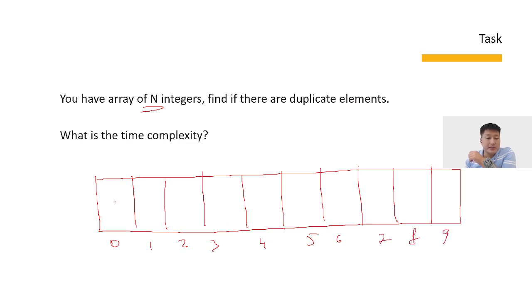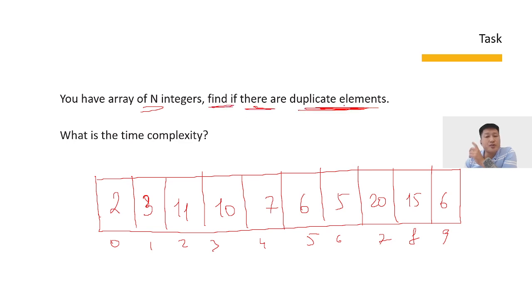So let's see, we have some numbers: 2 3 11, I don't know, 10 7 6 5 20 15, and let's say 6 again. So the task is, we have to find if there are at least two duplicate elements, like some same numbers, in our array.